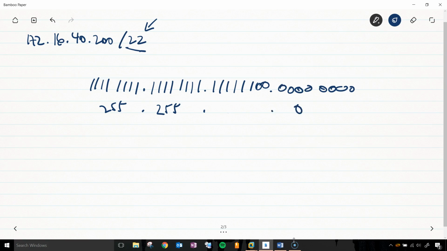Alright, so convert this binary number to decimal. Six ones.